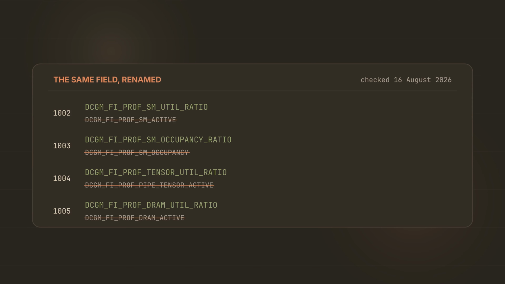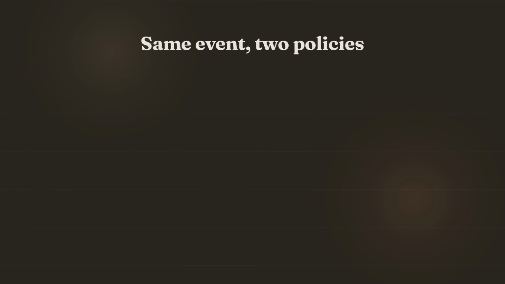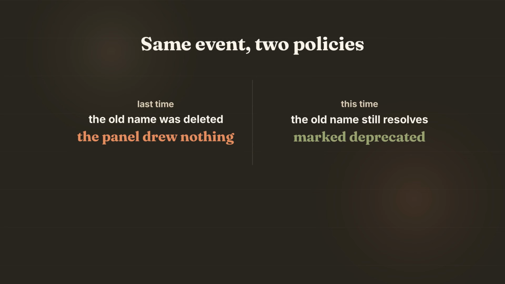So last time we saw a rename ship with the old name deleted and the panel drew nothing. This time the old name still works and it will stop working on some release nobody read the notes for. Same event, but two different policies, and only one of them can empty your dashboard today. The names on that card are current on the 16th of August, 2026, and that's the day I'm recording this.